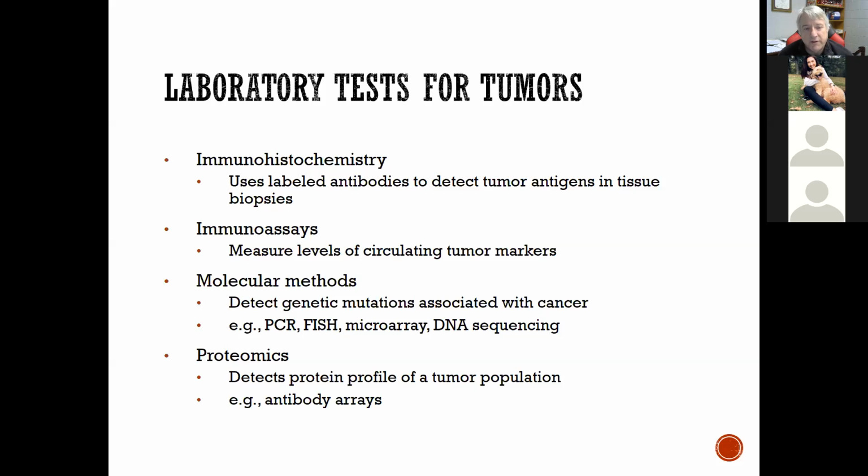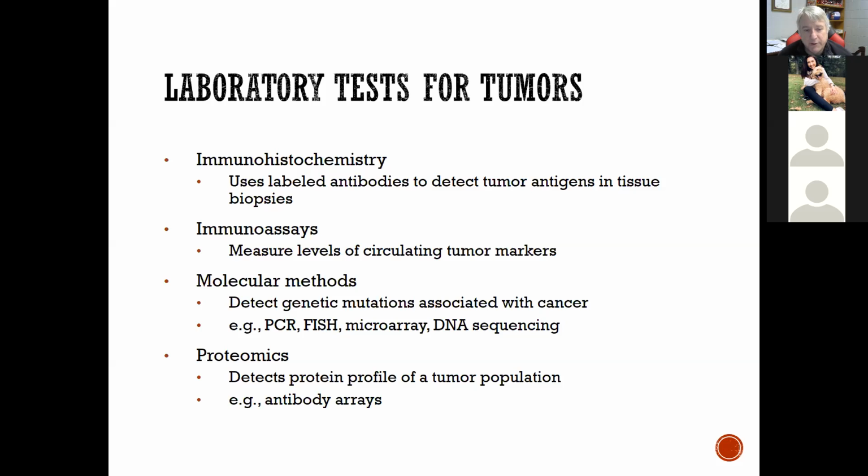And the good thing about these labeled antibodies is they tell you where the tumor may have originated. So it can actually tell the doctor if it came from a different area of the body and had metastasized into the area where they took the biopsy from.